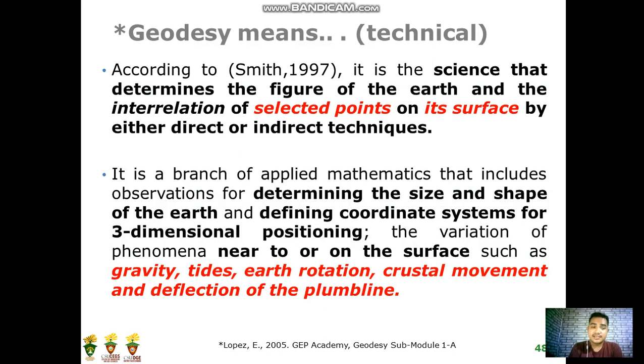Another definition of geodesy is a branch of applied mathematics that includes observation for determining the size and shape of the earth and defining coordinate systems for three-dimensional positioning and the variation of phenomena near to or on the surface of the earth, such as gravity, the tides, earth rotation, crustal movement, and deflection of the plumb line. So those phenomena are studied in geodesy, no? The tectonic deformation, crustal movement, deflection of the plumb line, and so on.